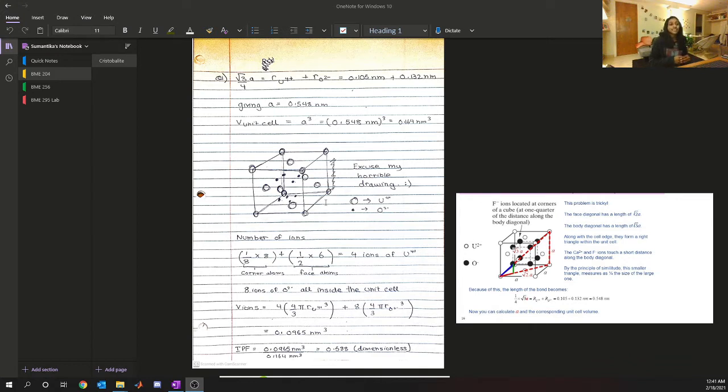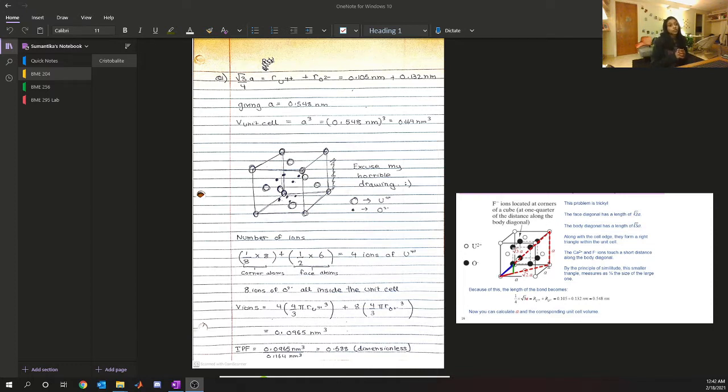It is an FCC, but we use the BCC equation for finding the edge length, because if you look on the right where my cursor is, there are absolutely no oxygen atoms if we use the face diagonal, 4r divided by square root of 2, which is the formula for finding A for an FCC.